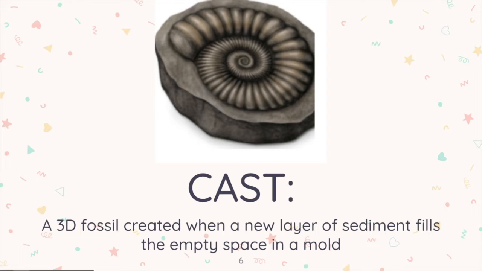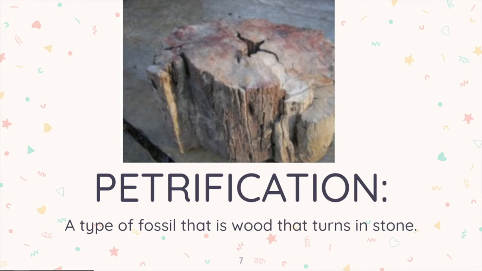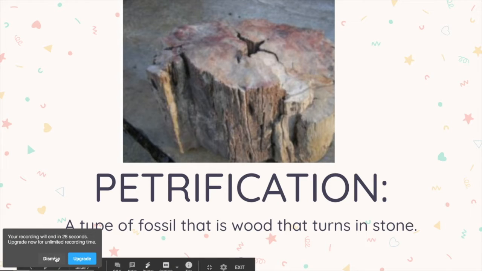The new layer of sediment is able to capture a similar outline of the imprint that the organism created. A mold and a cast are very similar. The only difference is that a cast is more 3D.